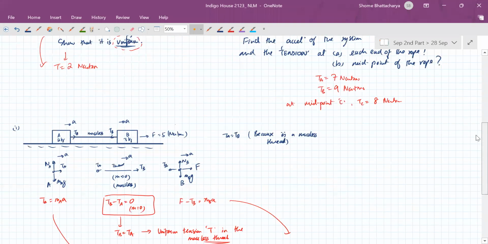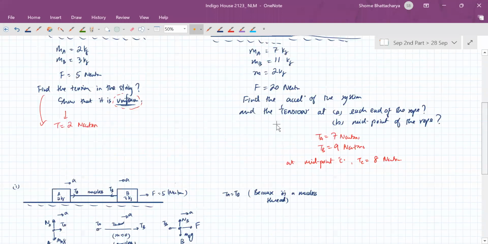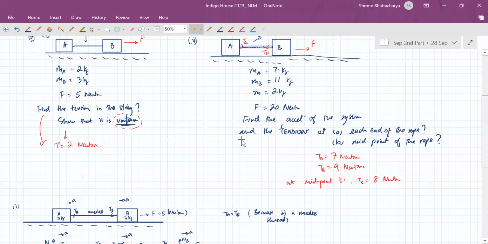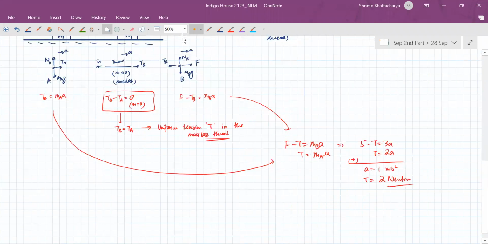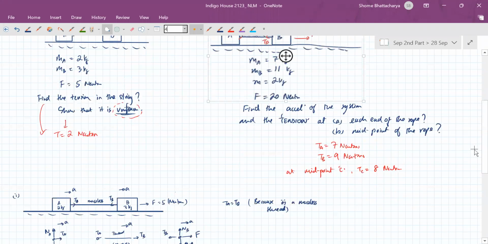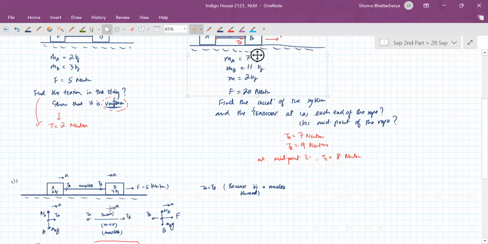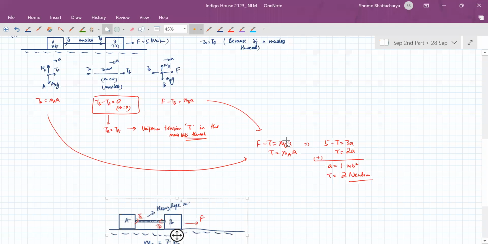So I'll just copy paste this here below, okay, so that you can work on the free body diagrams of the second part yourself. Once you've done a run through of this part. Okay, same method, but the slight technical difference now is in the second part. The rope is heavy.